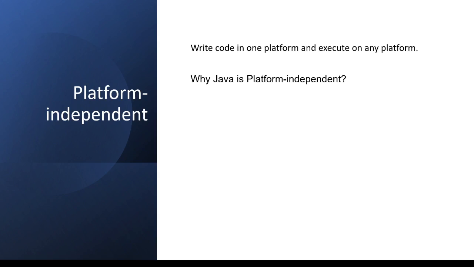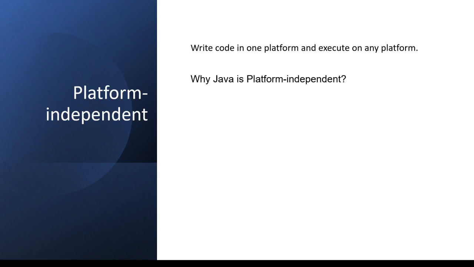So what happens on other platforms? When I pass these class files to another platform, it should have the interpreter. The only condition to execute these class files on another OS is that the OS should have Java installed.